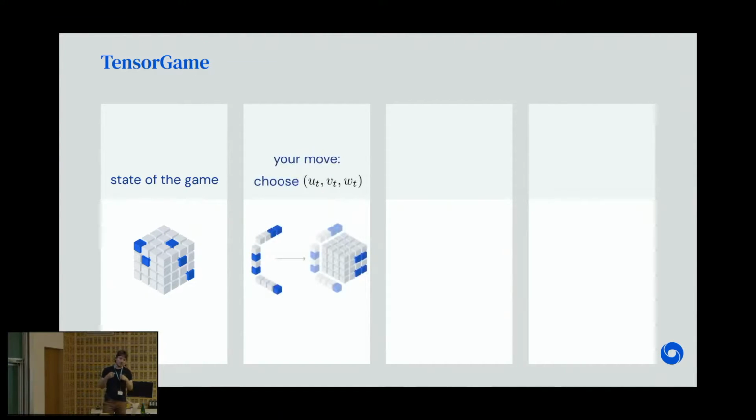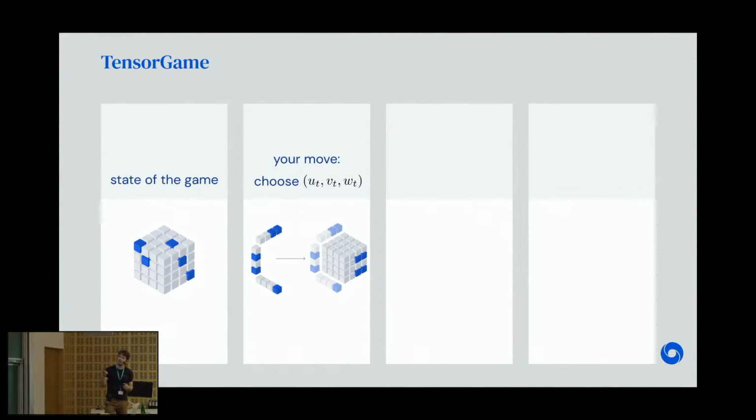And then in each turn of the game, the player will choose their move, which will amount to choosing these three vectors, u, v, and w, which describe through their outer product one rank 1 term in the decomposition, or in other words, describe one row in the algorithm, or one ingredient, one multiplication in the algorithm.